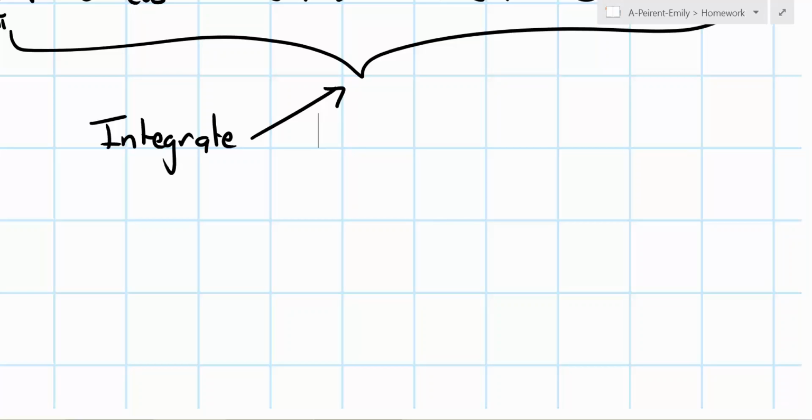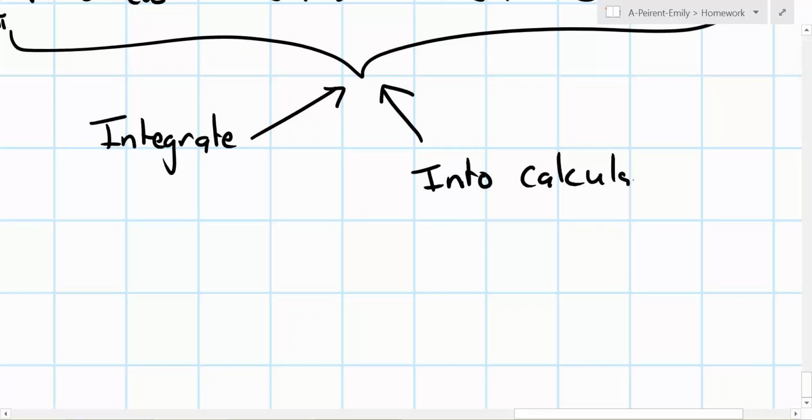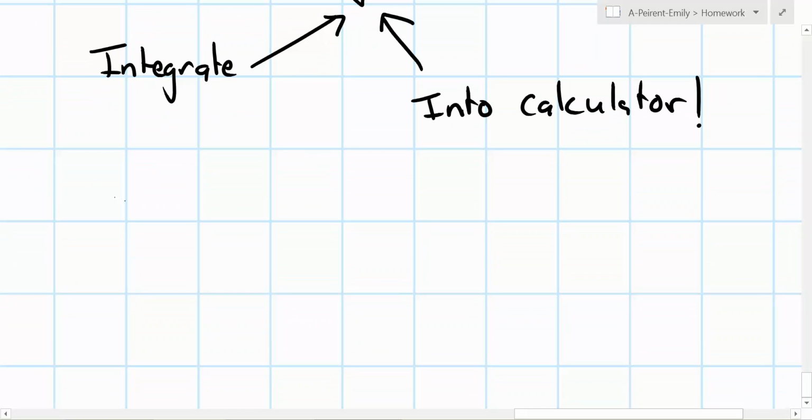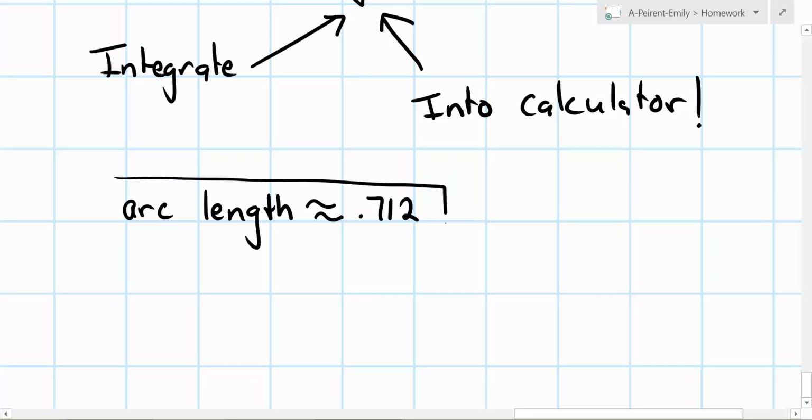So, we can take advantage of the fact that this is a calculator problem and put the entire thing into your calculator, which is much easier for us and tells us that the arc length of the equations we started with equals approximately 0.712, and that is our final answer.